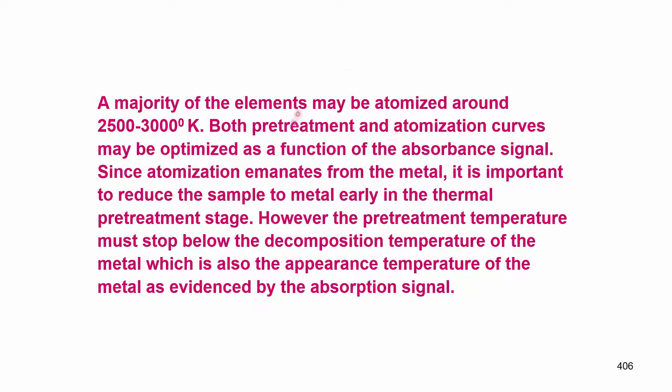So, basically what we are trying to do is we are converting the heating program into two parts. Okay. One is to remove the concomitants, the other is to atomize. So, the appearance temperature of the metal should be optimum.